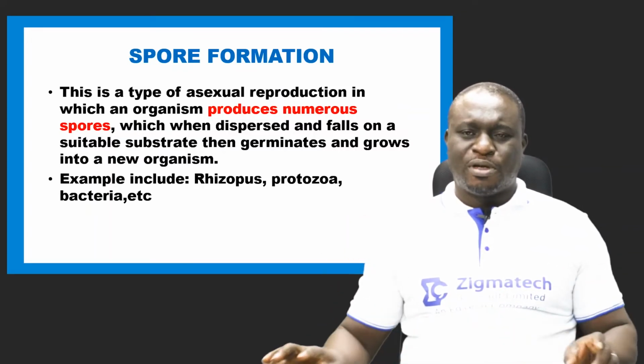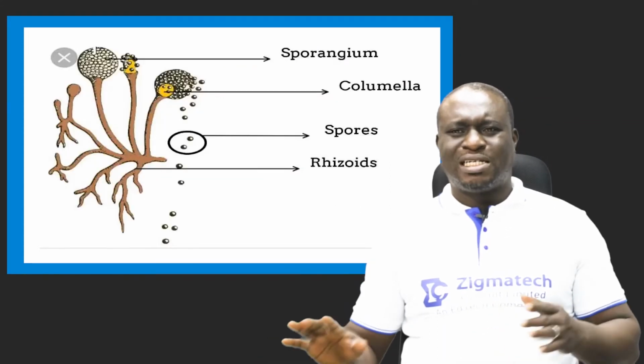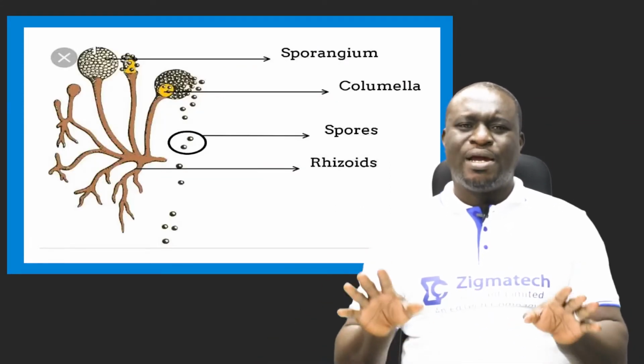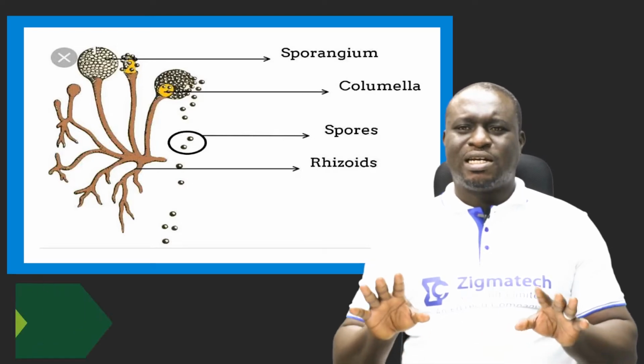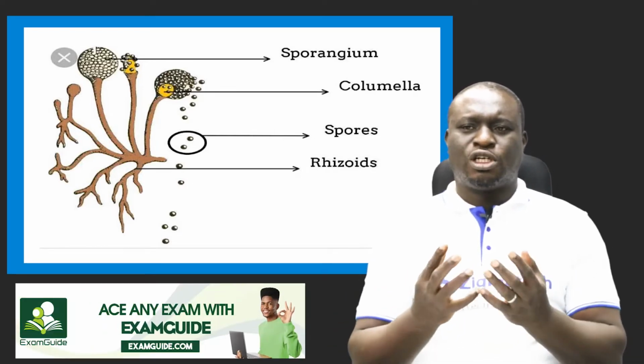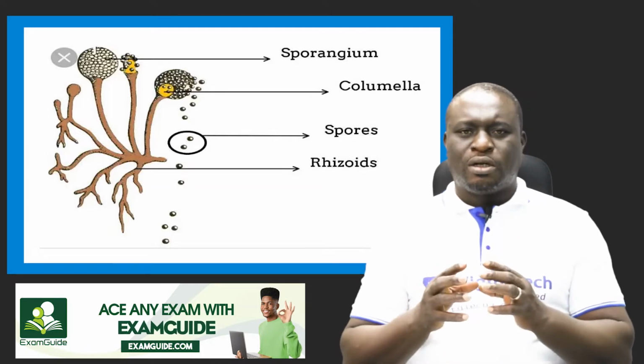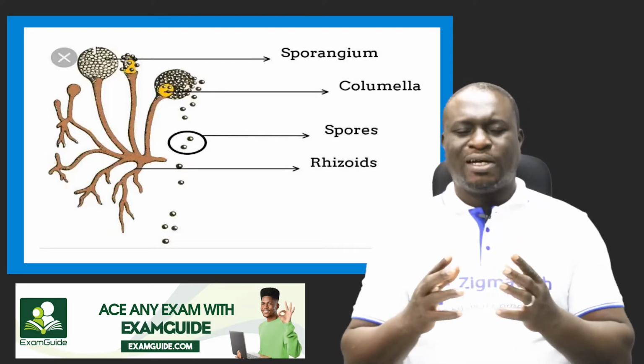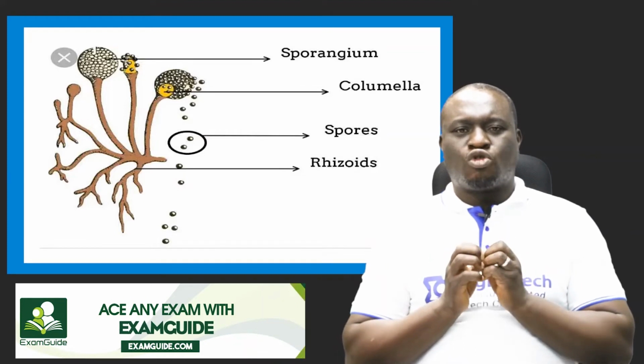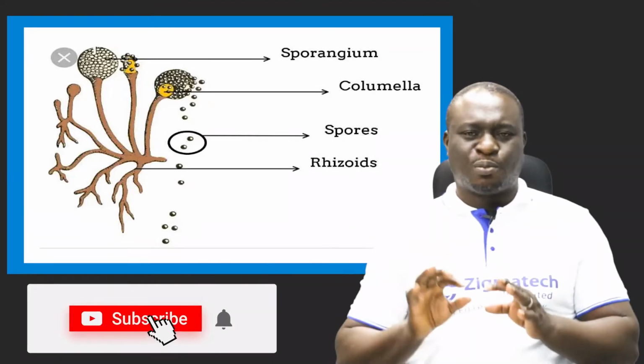Okay, so spore formation. Let's take a look at a structure that describes spore formation in Rhizopus. You can see that the sporangium holds the spores. Now, once the sporangium ripens, it will rupture, releasing the spores.